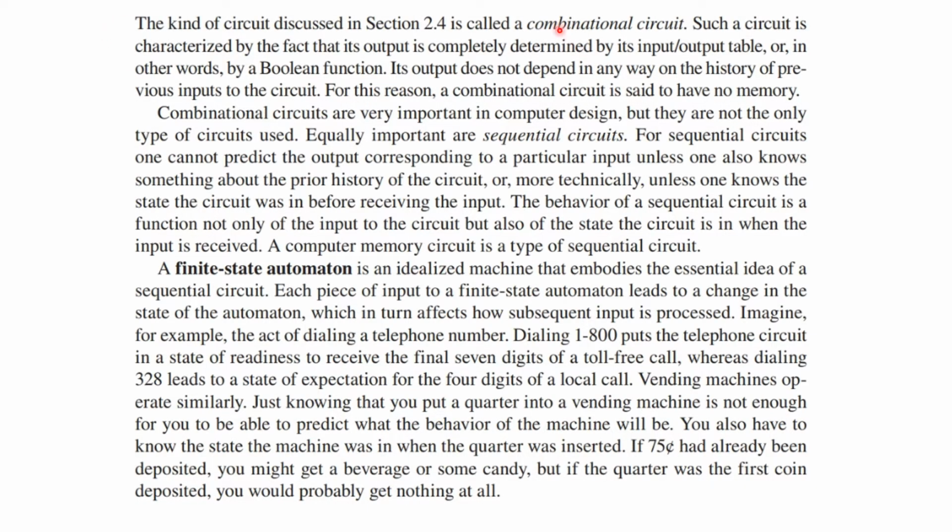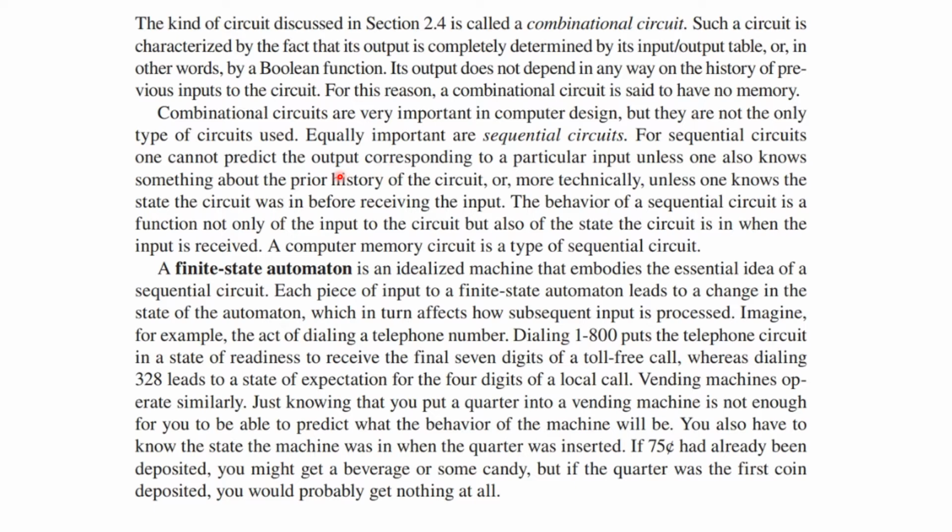Previously, we discussed things called combinatorial or combinational circuits where the output was completely determined by the input. Now, they are very important in computer design, particularly hardware, but in software, equally important are things called sequential circuits.